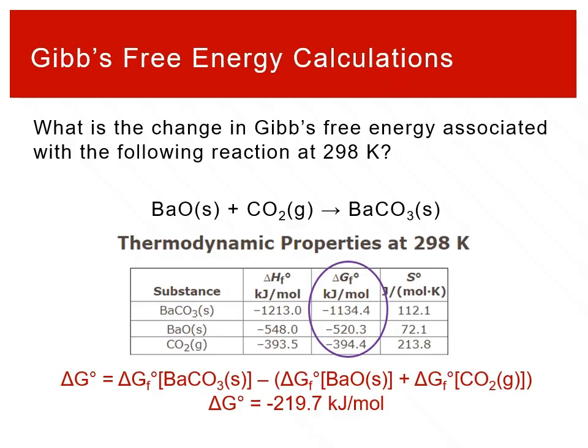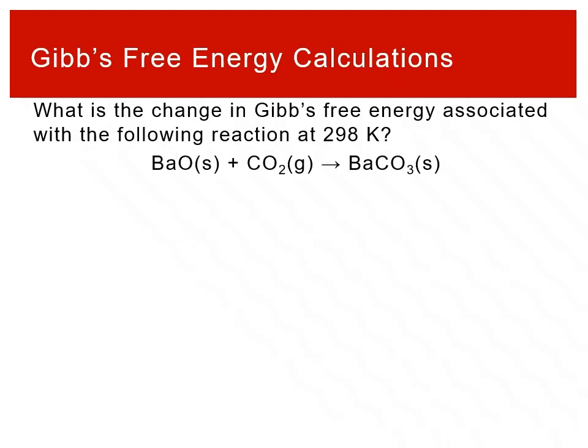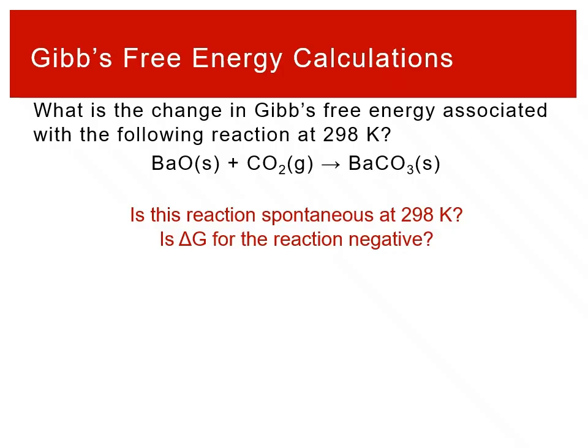If you have your reference information, you can just look up your delta G's of formation for all your reactants and products and figure out the value of delta G for your reaction. What that tells us is whether the reaction is spontaneous, based on just the sign. If the only thing you care about is whether this reaction is spontaneous, if I mix barium oxide and carbon dioxide, I'm going to make barium carbonate. That would be a spontaneous reaction.